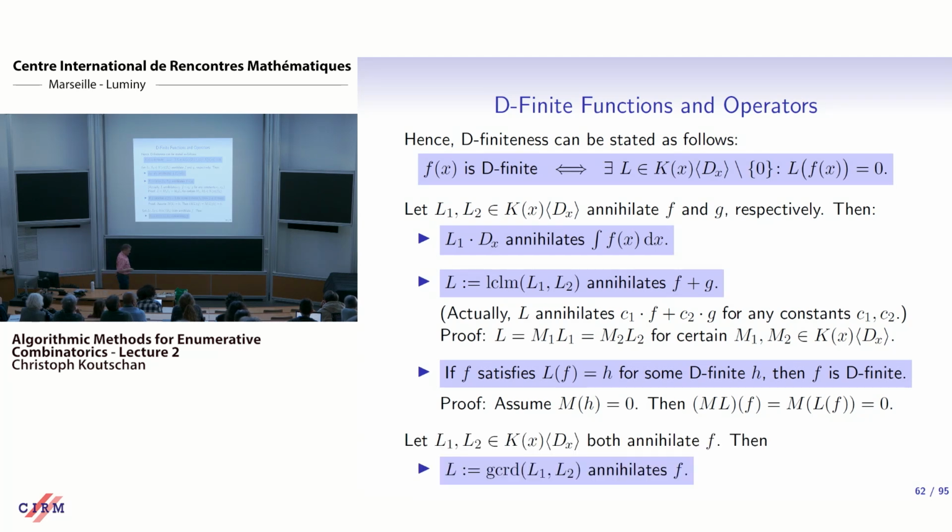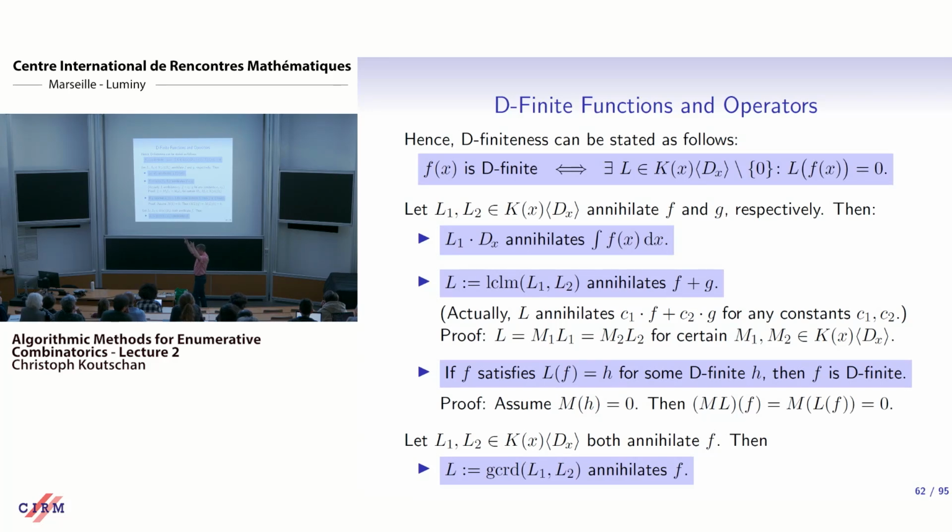And what we needed for the guessing that I didn't explain in detail, the order degree trading, the underlying principle is this one. If we find two operators, L1 and L2, that both annihilate the same function, then we can compute their GCD, more precisely their greatest common right divisor, and this also annihilates f.